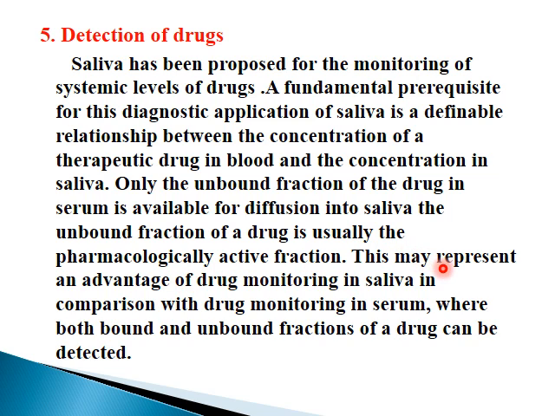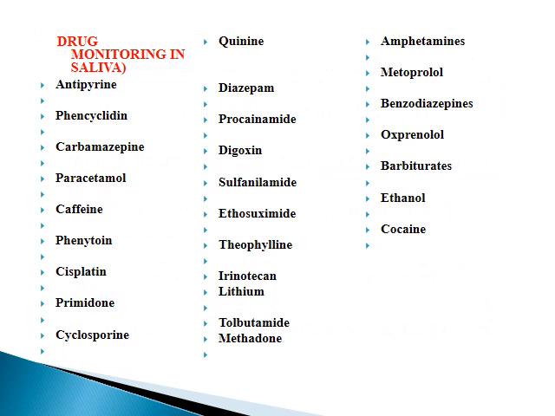This may represent an advantage of drug monitoring in saliva in comparison with that in serum, where both bound and unbound fractions of the drug can be detected. Drugs that can be monitored in saliva include antipyrine, phencyclidine, carbamazepine, and so on.